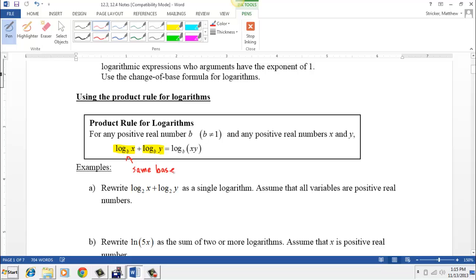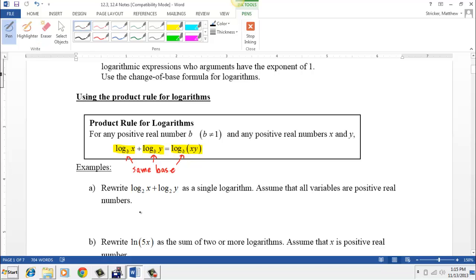Both logarithms have the same base, they're both base b. Then we can combine to a single logarithm with the same base. And inside the single logarithm, the argument is the product of the initial two arguments. So if we have log of x plus log of y, we get log of x times y.